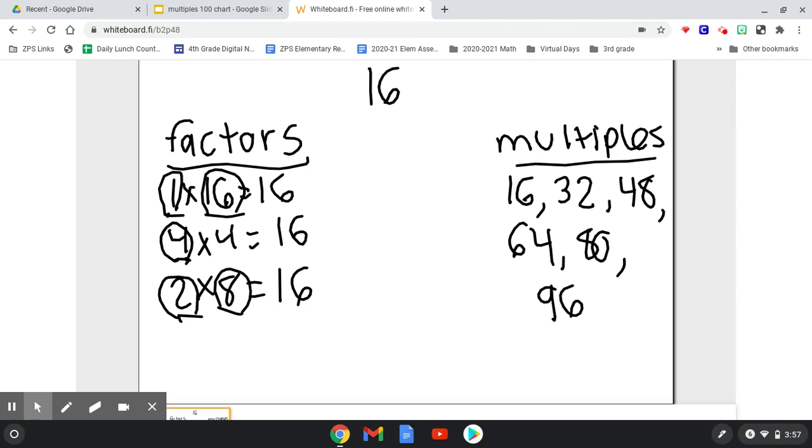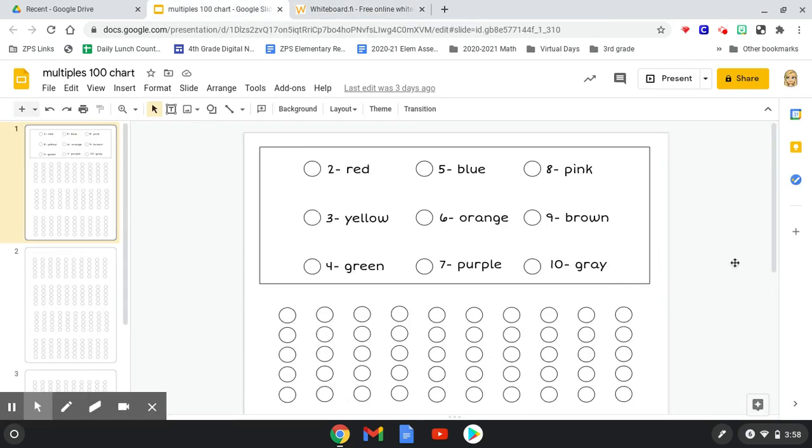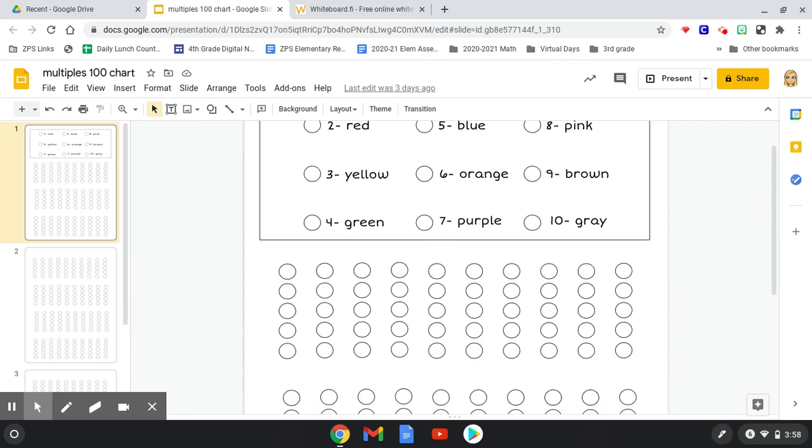The next thing I'm going to have you work on is what we're going to do today. It's a multiples chart. So I'll send this to you in Google Classroom, or you can see it here in Google Classroom in a minute. It looks something like this. Here's the online version, and it has a whole bunch of dots on it. You might have to scroll. Here's what I want you to do.